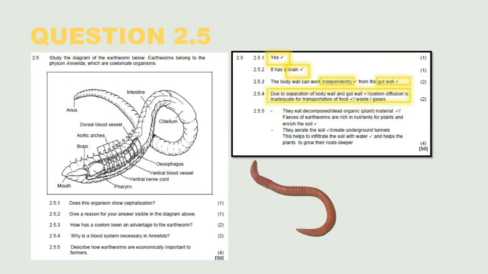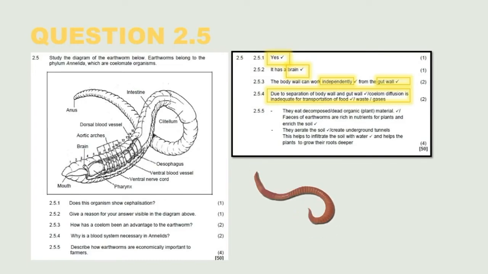Due to the separation of the body wall and the gut, that means that in the coelom there has to be a transport system for diffusion of nutrients, waste products, and gases. So that's why I will need a blood system, very similar to humans. That's why we have our blood system, for the transportation of waste, nutrients, and gases.